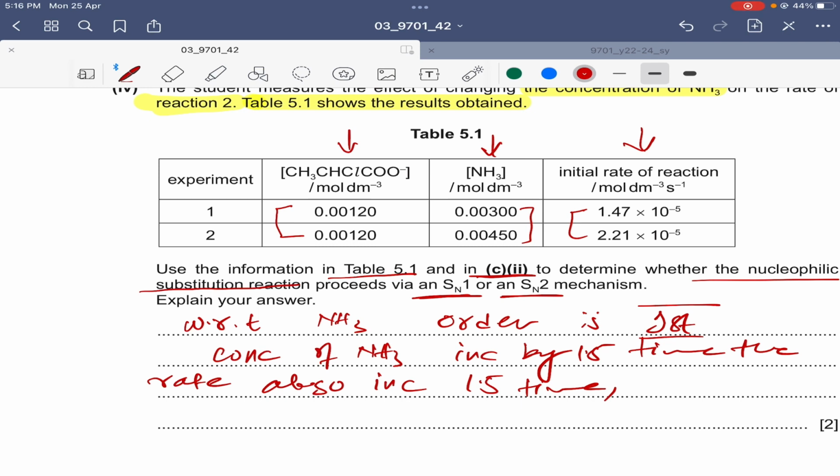So that means in the rate equation, the rate is directly proportional to the concentration of chloropropanoiodine, CH3CHClCO2 minus, and the concentration of ammonia. Because it is depending on the concentration of nucleophile, that means it is SN2 mechanism.